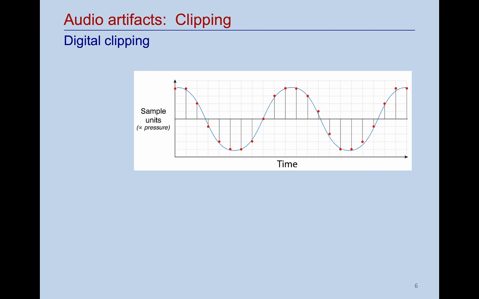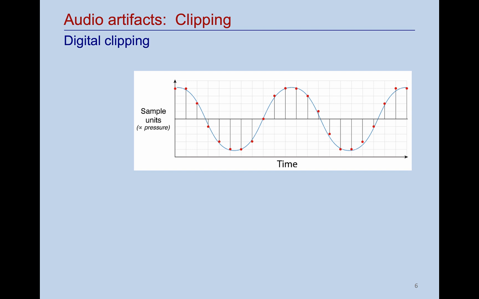This is what the voltage waveform coming out of the microphone and the preamplifier would look like. It's the same shape as the pressure waveform of the actual sound wave in the air as received by the microphone. Here, the red dots represent the individual sample values that are output by the digitizer at regularly spaced intervals in time as determined by the sample rate.